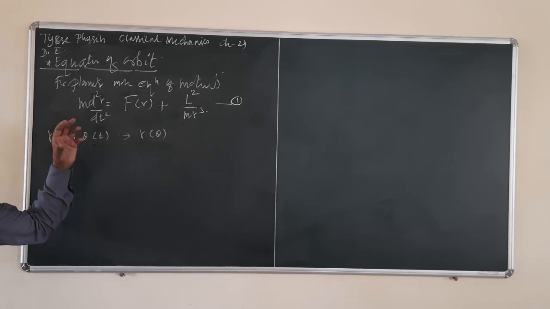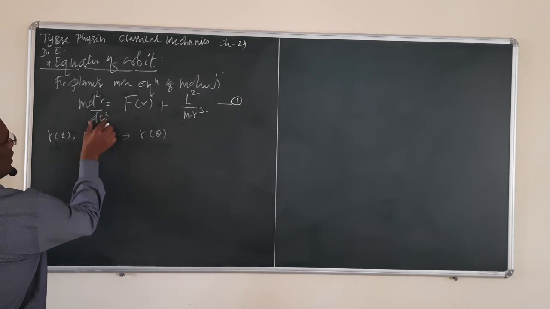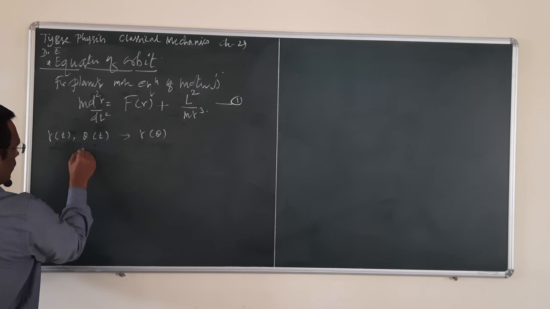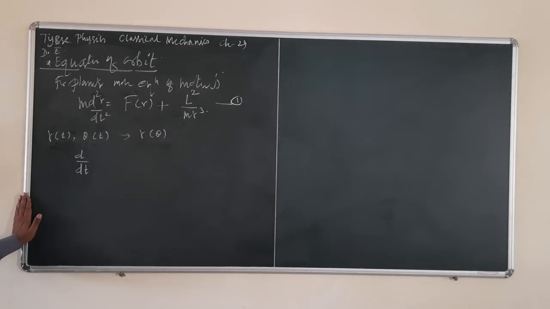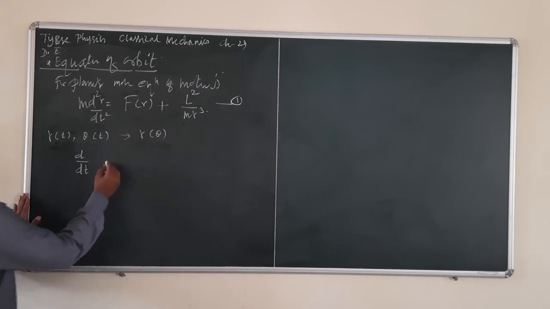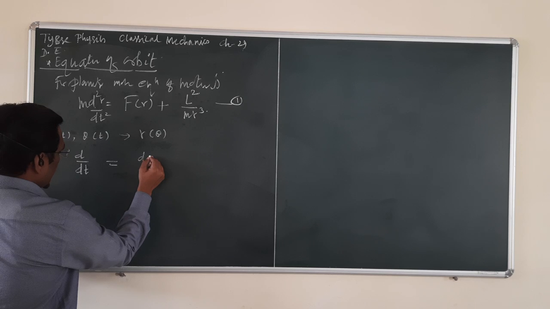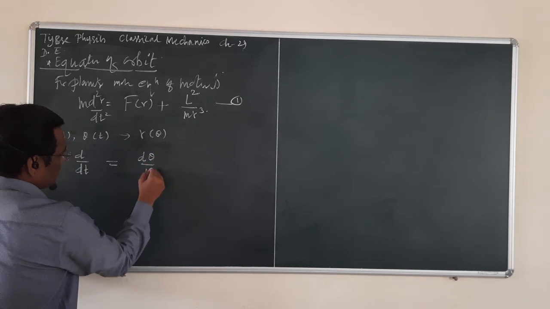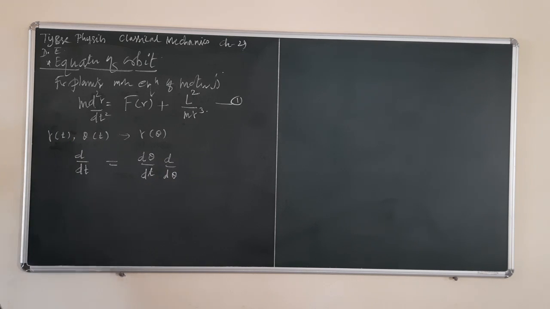So what are those tricks? We know that here we are taking the second order derivative of r. If we take the derivative with respect to time, d by dt, we can write this derivative in terms of theta, as the derivative of theta with respect to time and the derivative with respect to theta.